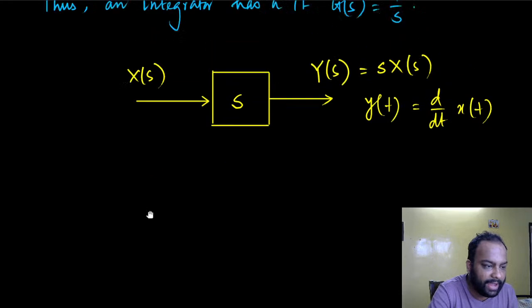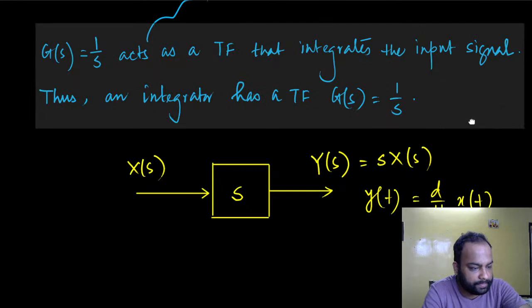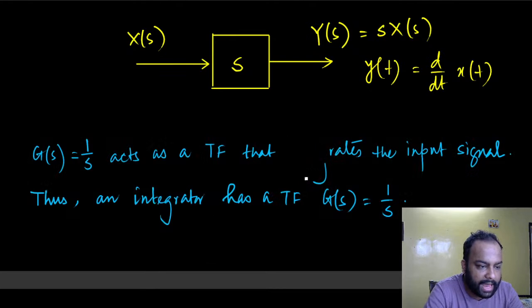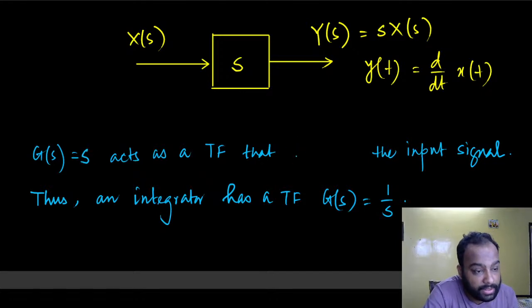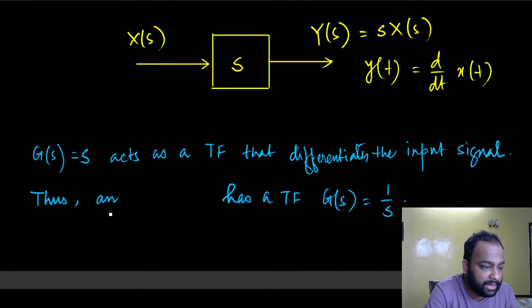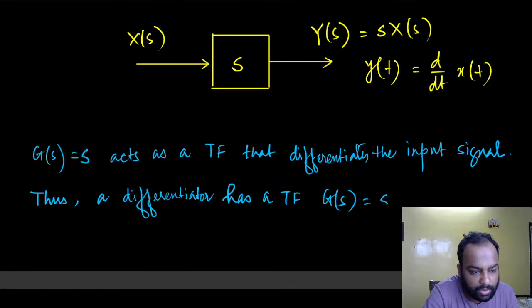In the same vein, here G(s) equal to s, that simple transfer function, acts as a transfer function that differentiates the input signal. Thus a differentiator has a transfer function of G(s) equal to s.